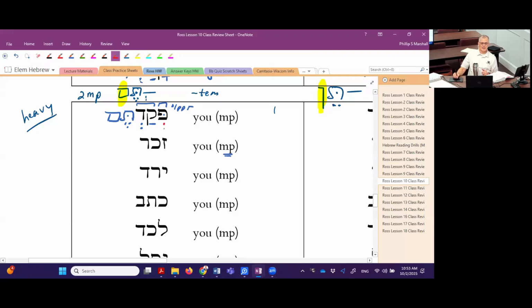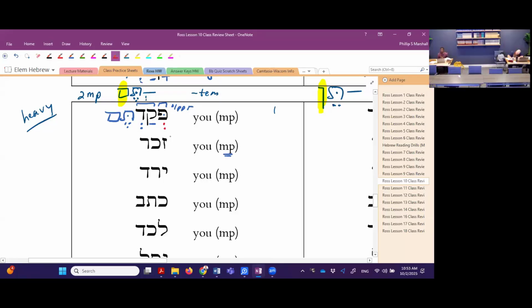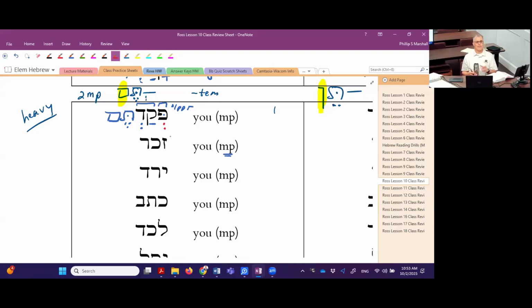This is the first time we've seen that in the paradigm now, isn't it? But it will happen in all the forms going down. Qodtem instead of pakodtem. Open and pretonic and open and propretonic would both reduce. I wouldn't have open and pretonic and open and propretonic at the same time. So I'm going to get one or the other.